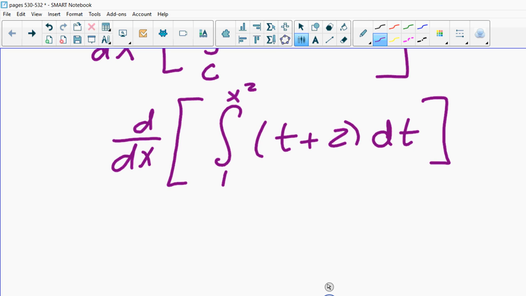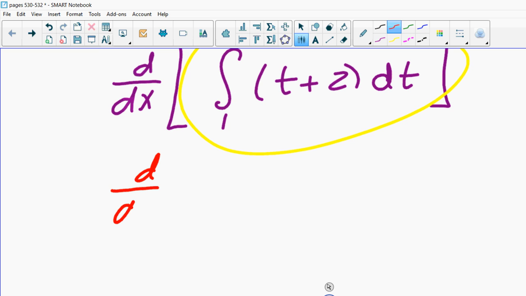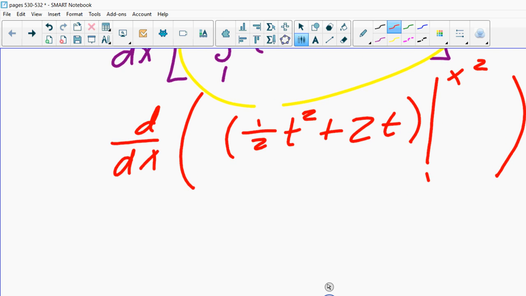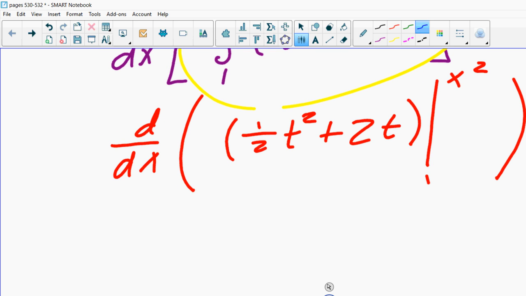Let's do the integral. So we're going to do this part. Derivative with respect to x of. Now that's 1/2 t squared plus 2t evaluated from 1 to x squared. Okay, so what do we get when we evaluate that expression at x squared?